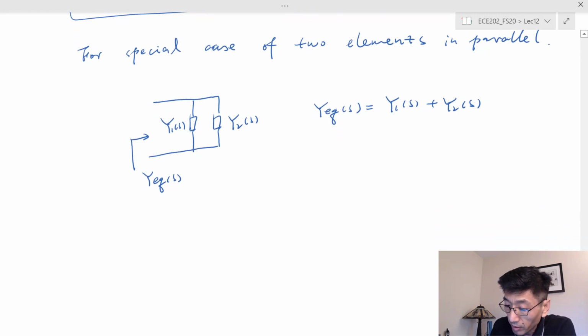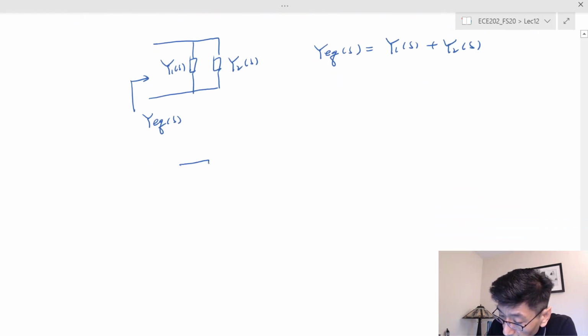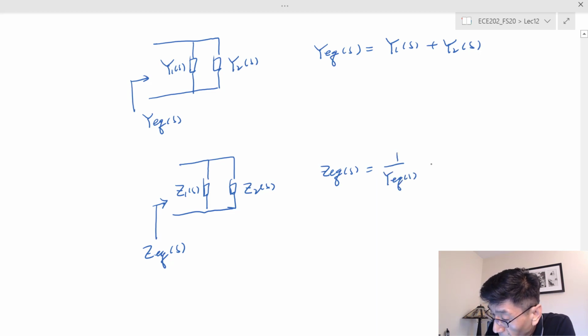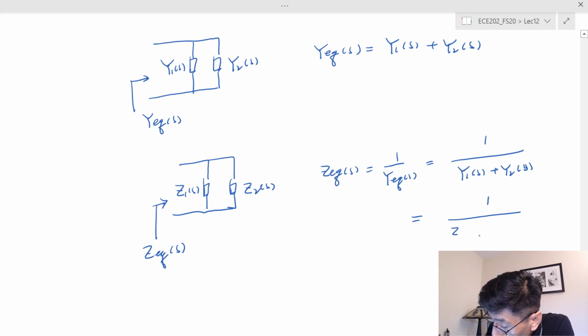But if you are given impedances, let's say I have z sub 1s and z sub 2s, you're trying to find z eqs. You can still think that way: z sub eqs is equal to 1 over y eqs, and y eqs is y1s plus y2s. In this case, y1 is equal to 1 over z1, right?